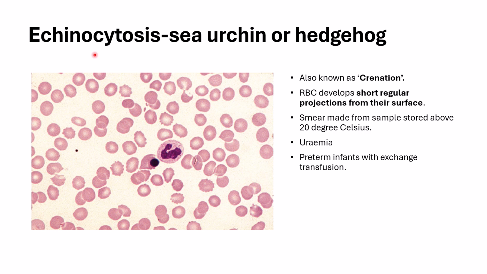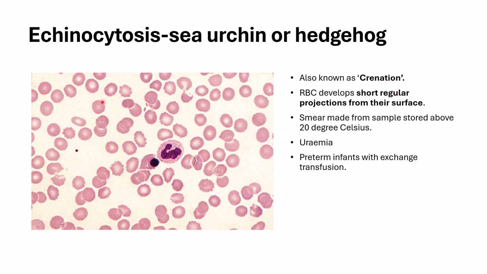Further talking about echinocytes, a sea urchin-like or hedgehog-like cell, also known as crenation, the RBC develops short regular projections. In acanthocytes, there were variable numbers, variable sizes, and irregular distribution.